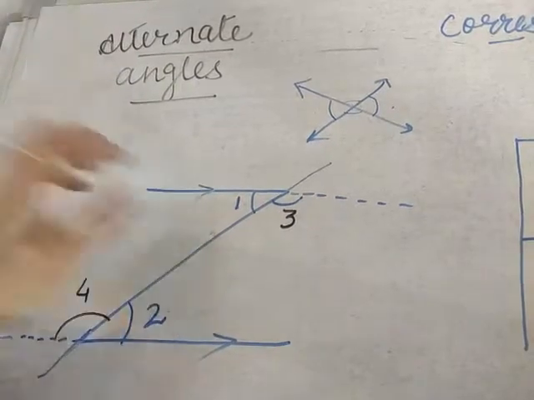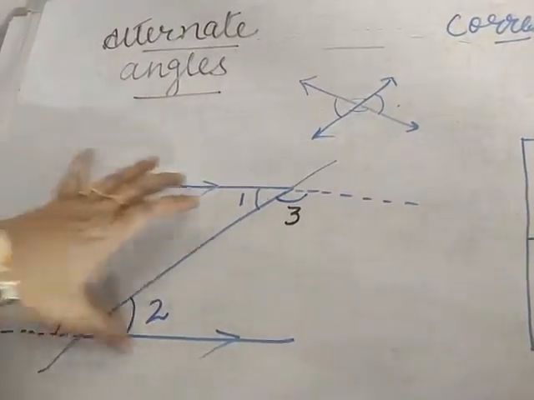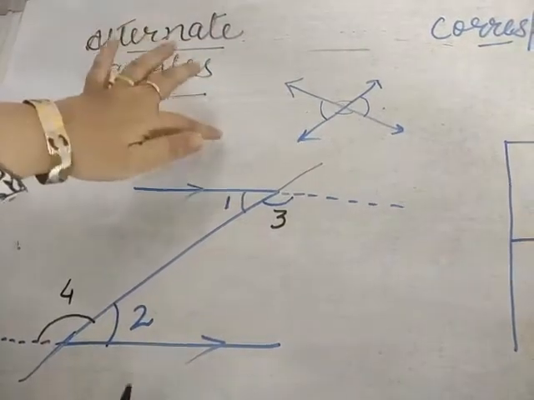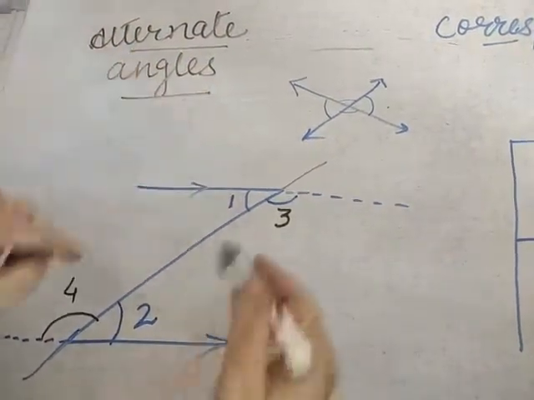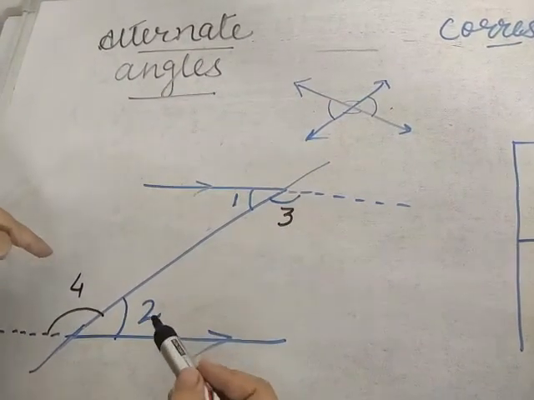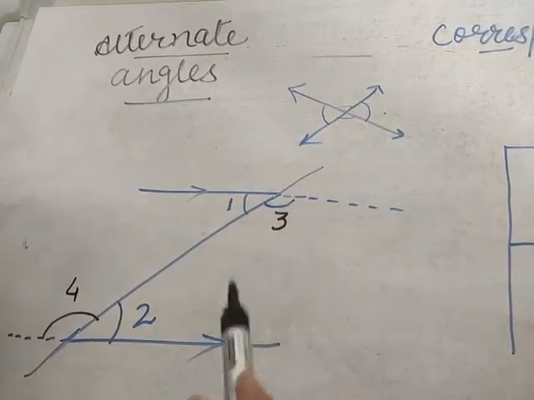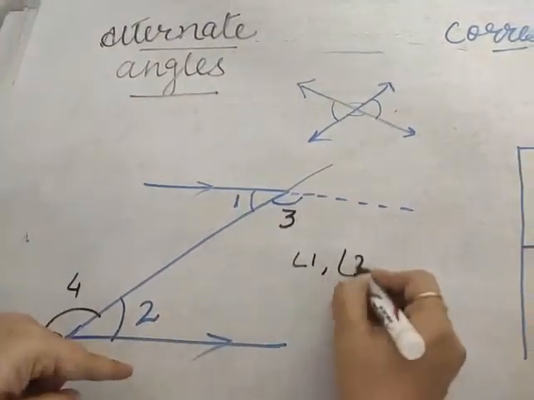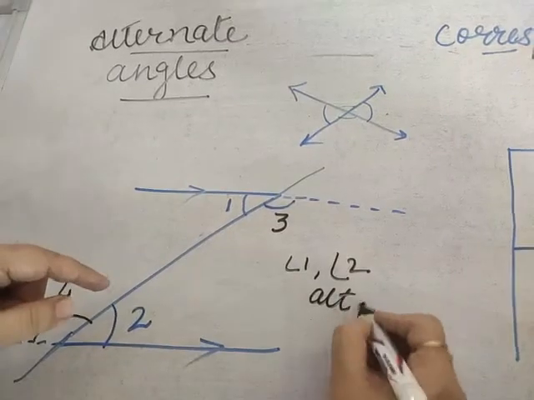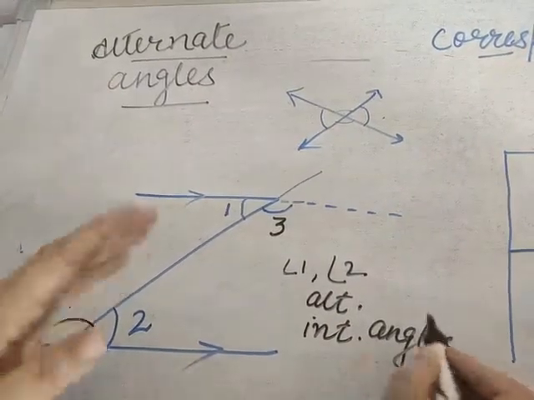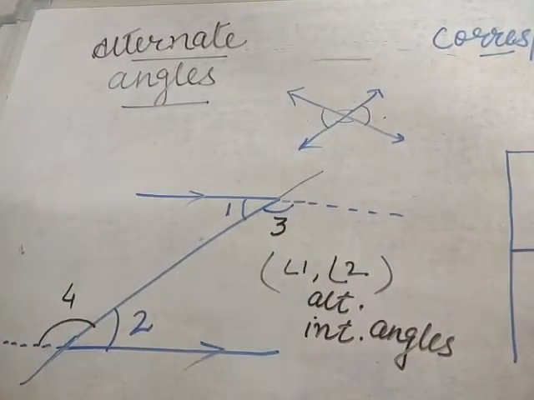This one is the interior portion of these parallel lines, and outside I have the exterior portion. All these angles are in the interior, so I will say these are alternate interior angles. 1 and 2 are alternate interior angles. It is one pair of alternate interior angles.